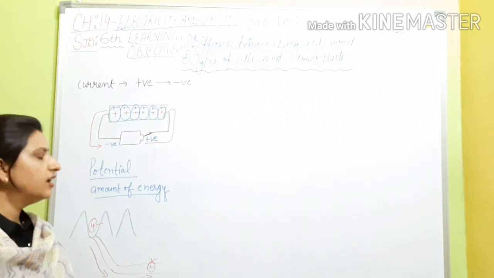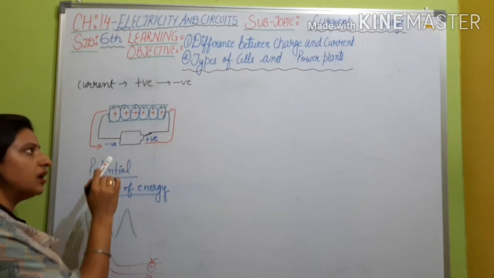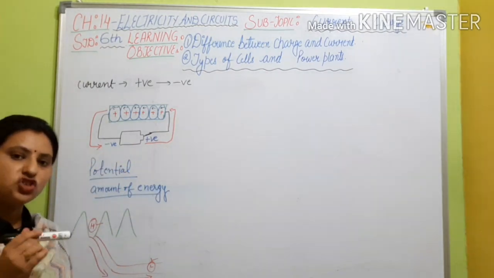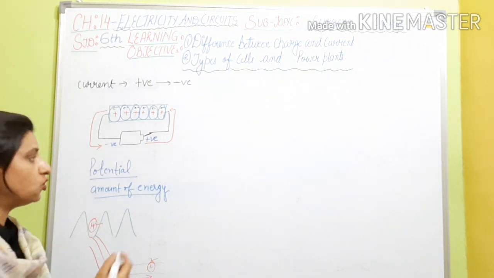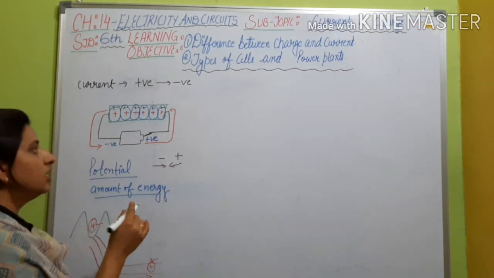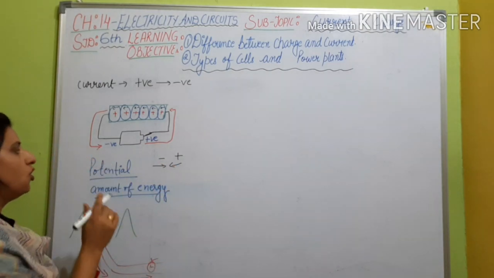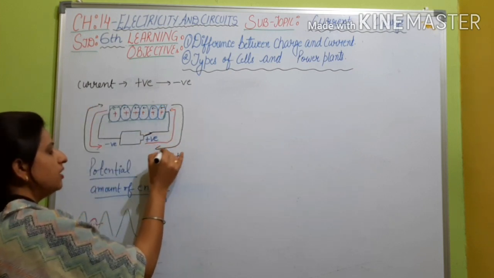We consider that the current flows from the positive terminal to the negative terminal, but in case of charge, that is present on the electrons, and electrons have negative charge, and we know that negative and positive attract each other. So the electrons will flow from the negative terminal to the positive terminal.